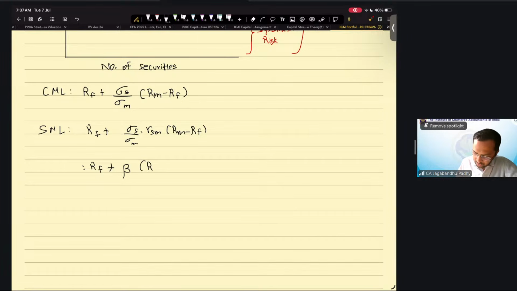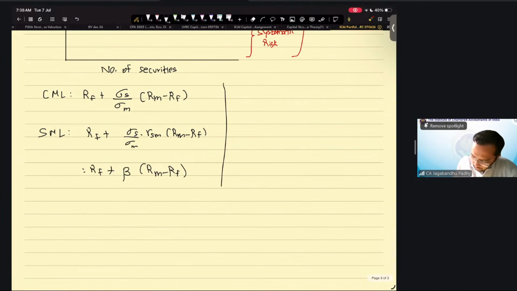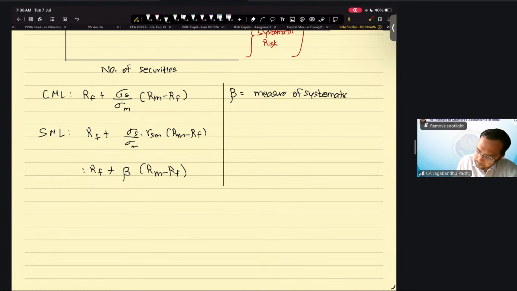That's beta into Rm minus Rf. Beta is a measure of systematic risk, or the market risk, you can say.